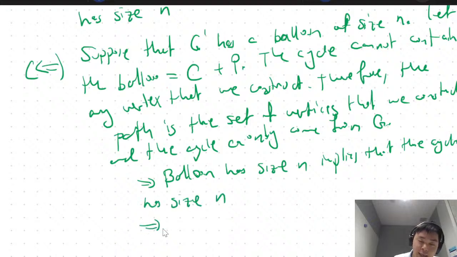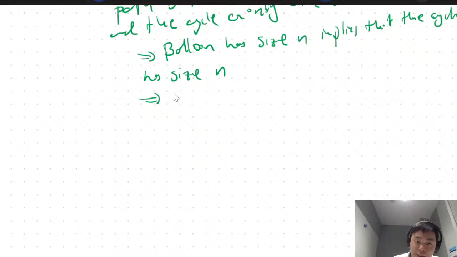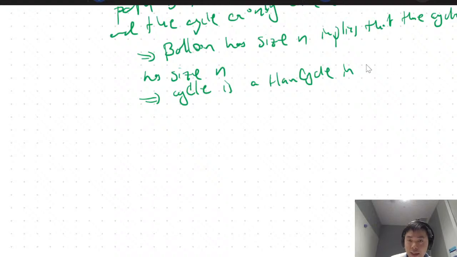But this would imply that, in fact, the cycle is a Hamiltonian cycle, because the cycle would contain every vertex in the original graph. The cycle is a Hamiltonian cycle in G.